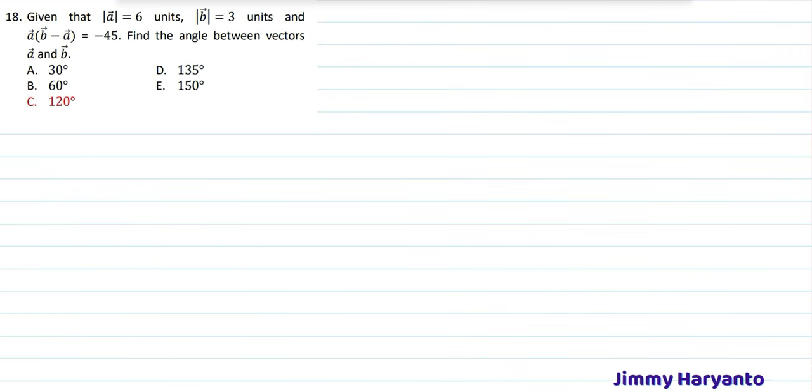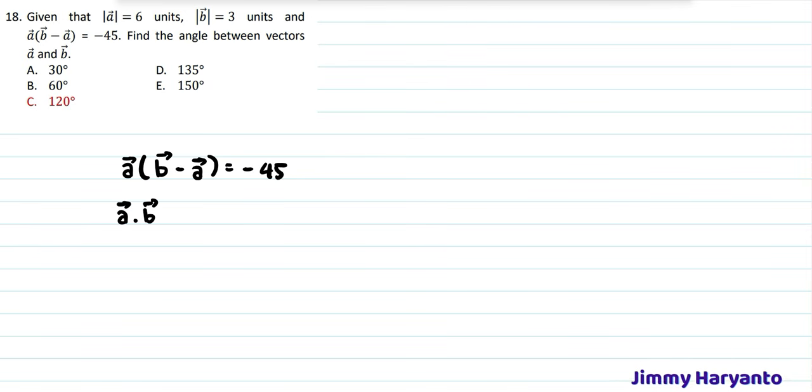Next is 18. For 18, we have vector A dot with vector B minus vector A equals to negative 45. So I think we have to start from here. So A dot B, when you multiply this, you have A dot B minus A dot A equals to negative 45.